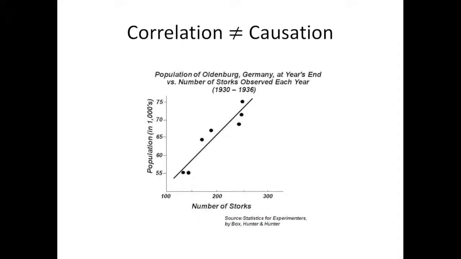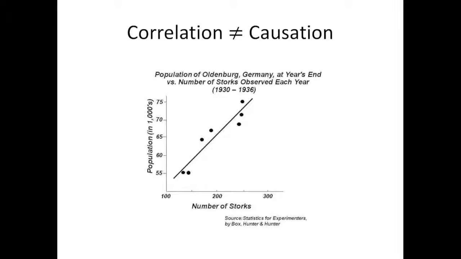So finally, I want to bring up a common point of confusion, that correlation does not equal causation. Just because we see a strong correlation between vehicle weight and fuel efficiency does not mean that vehicle weight causes a decrease in fuel efficiency. A famous example of this is shown on this graph here. It's the population of a town in Germany at year's end versus the number of storks observed each year.